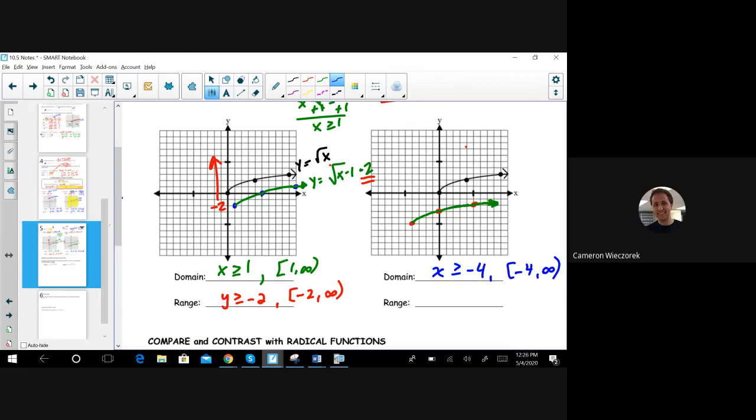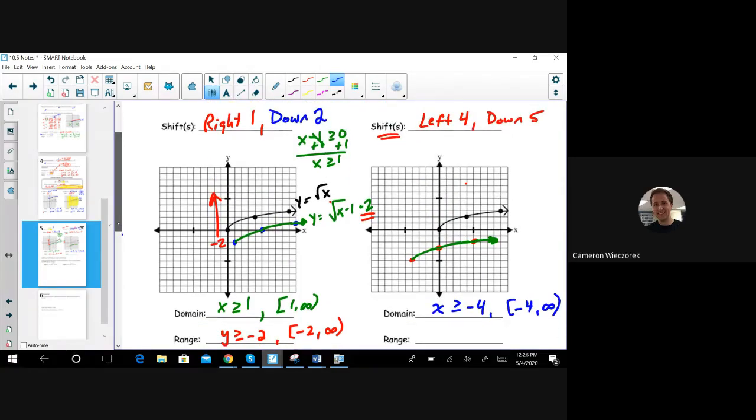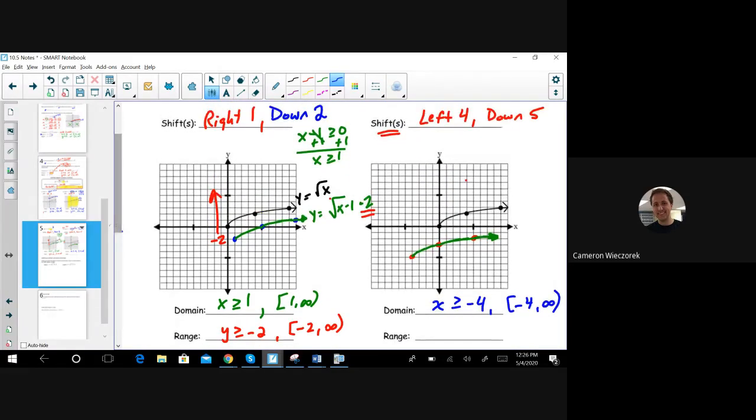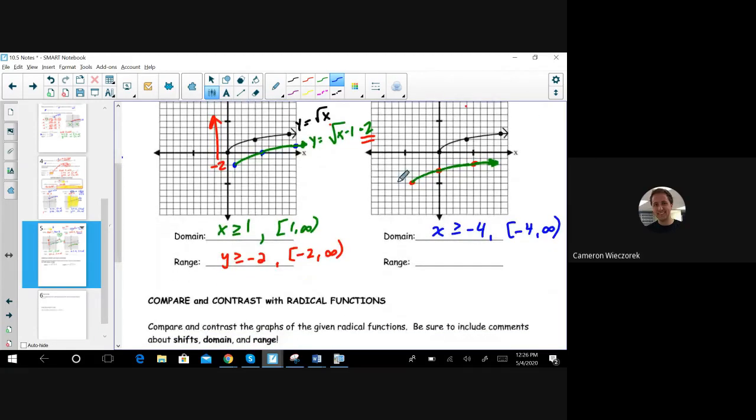And the range, well, it moved down 5 units, sorry. Everything moved down 5. So the lowest this ever reaches is -5, and then it goes up forever. It looks like it's kind of leveling off, but this will still be growing very slowly. So I want y values greater than or equal to -5, and that's what that would look like in interval notation.